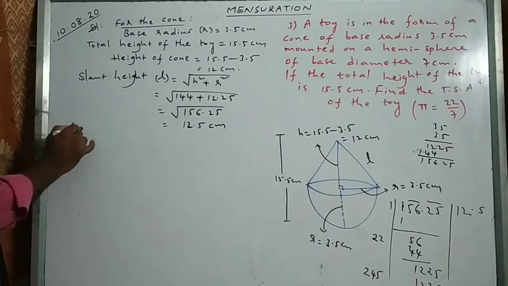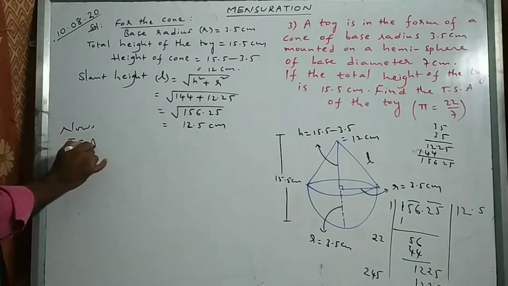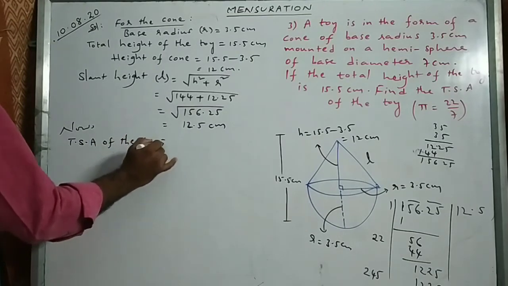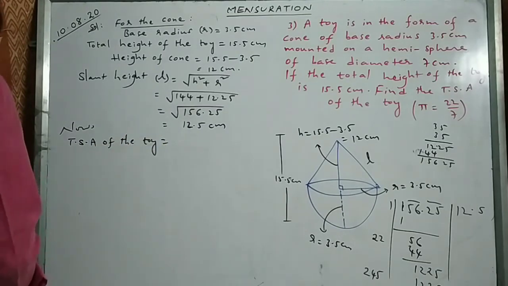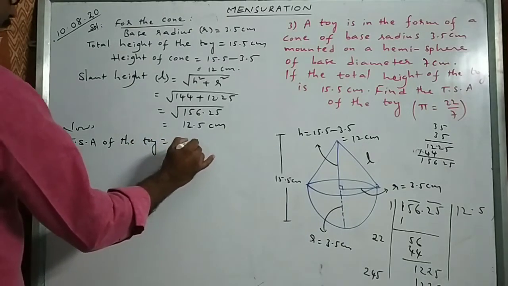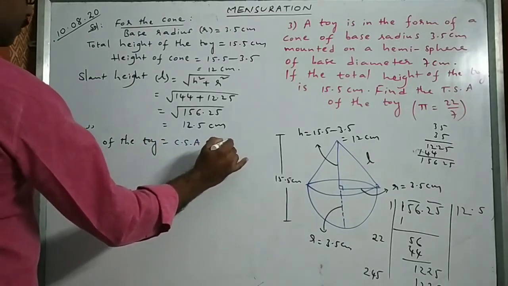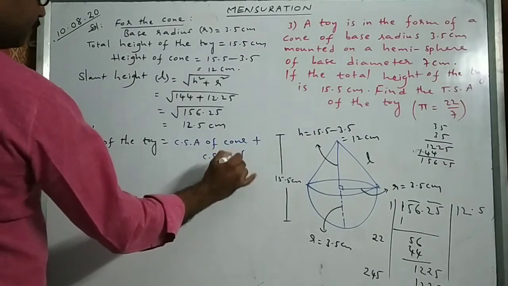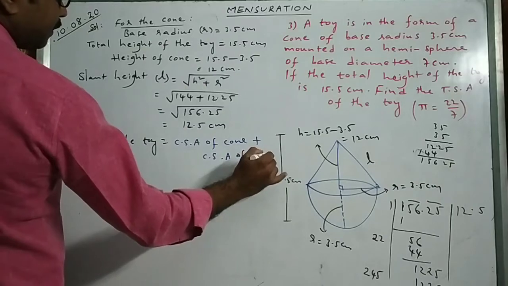Now, what are they asking? TSA of the toy. How do you get the TSA? CSA of cone plus CSA of hemisphere.